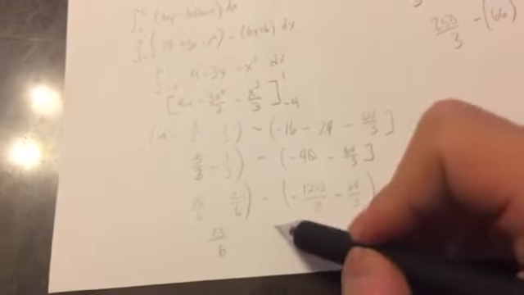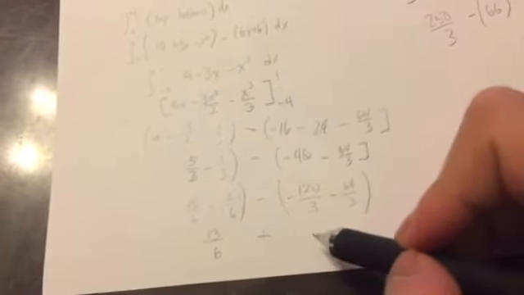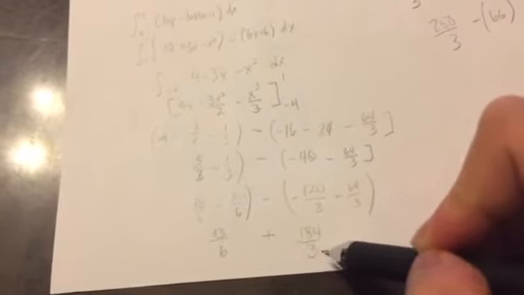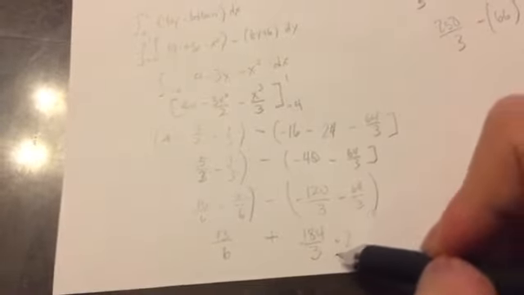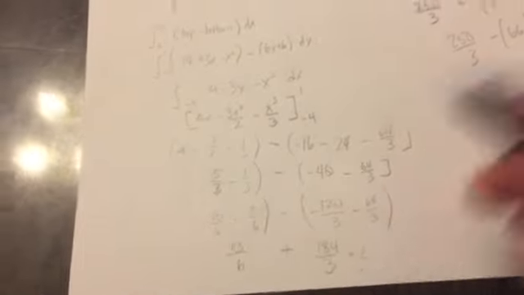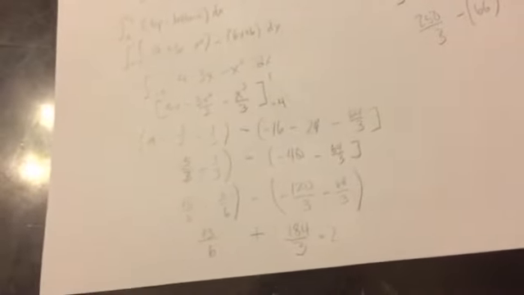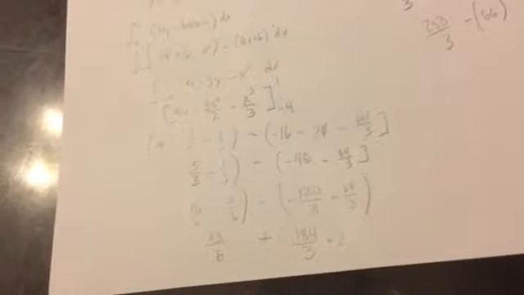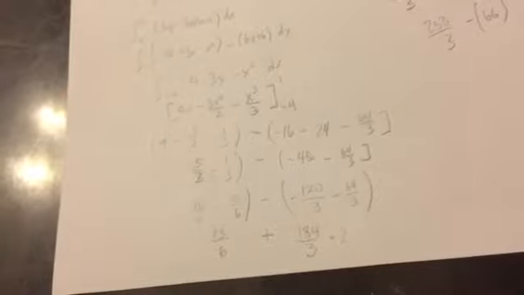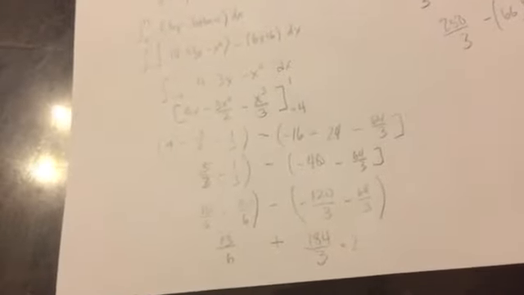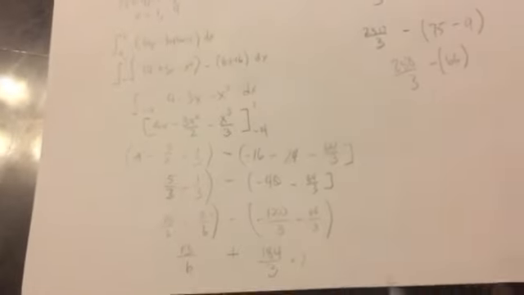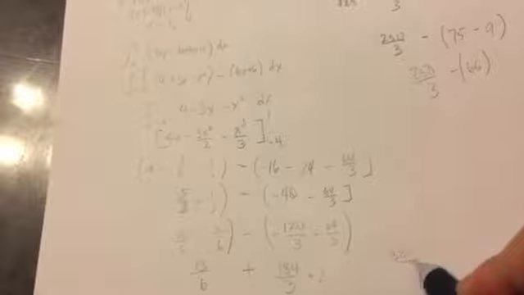It's negative here too, so this all becomes a positive, and you add them together and you get 184 over 3. Multiply that by 2 to get the common denominator, and then you add it up. Just for time's sake, I'm going to multiply it on my calculator. And the answer should be 381 over 6.